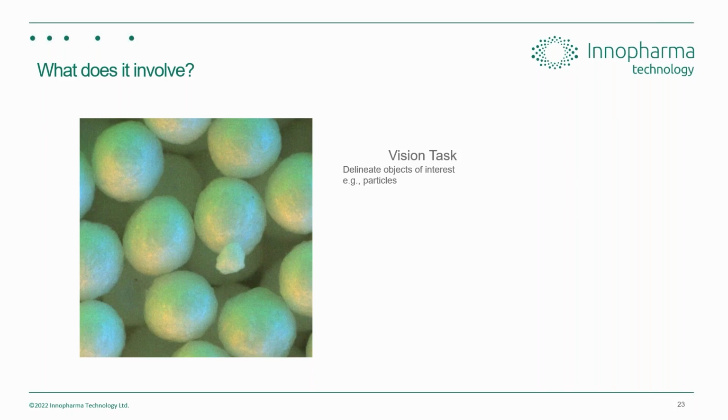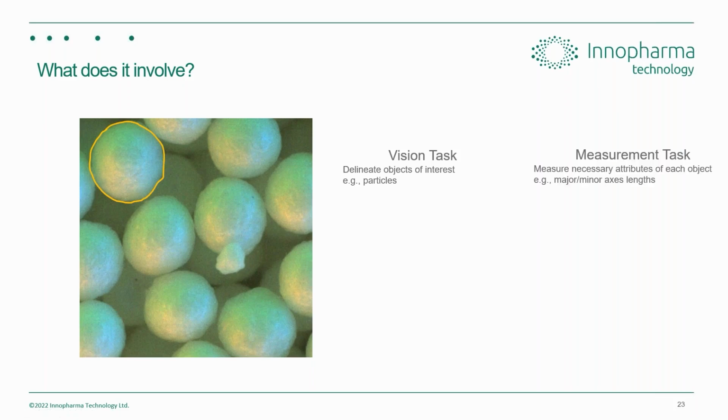For particle size measurement, or anything that has to do with measuring something about an individual particle, that could be delineating an object of interest, or every object of interest, in the image. So for example, the system could draw, or we could draw, around a particle here. That would be what we would need to do as part of a vision task.